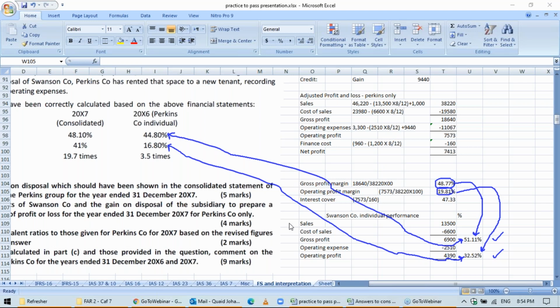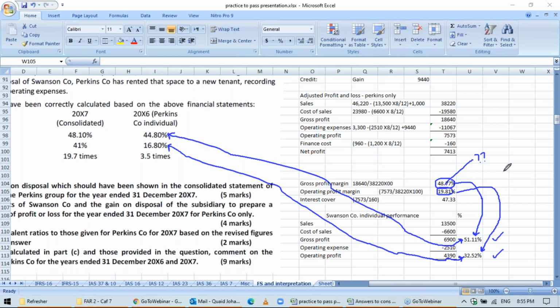But what is the gross profit margin of Perkins? It is 48%. So if Perkins sells products to external suppliers who are not related parties at 48%, then it was giving goods to Swanson, until it was in control, at a 30% margin.